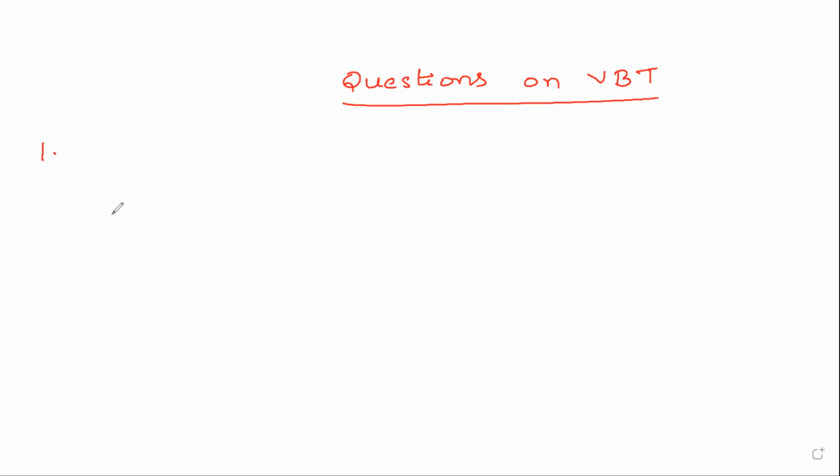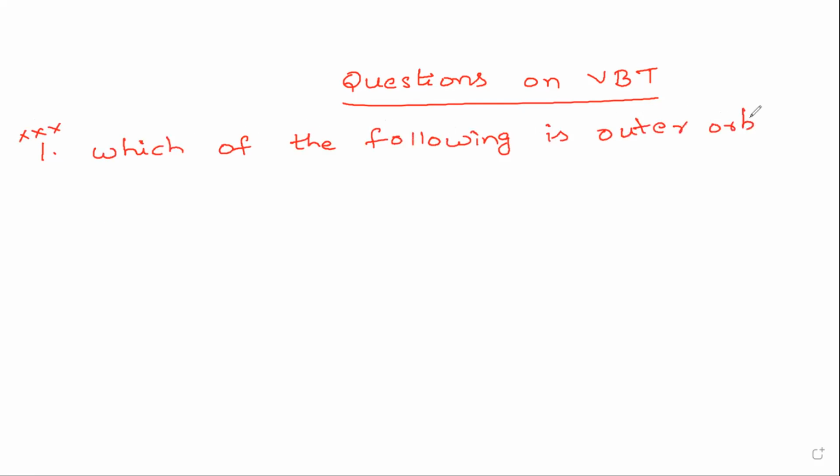What type of questions you are basically getting from this, we are going to discuss now. Question number 1, as I told you: which of the following is an outer orbital complex?